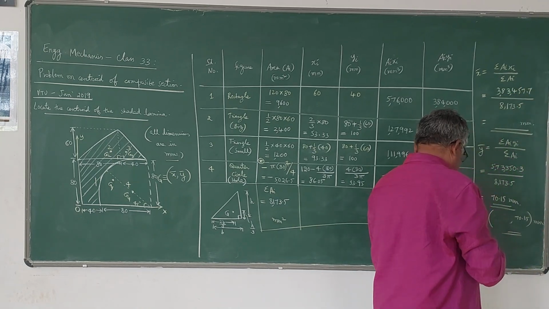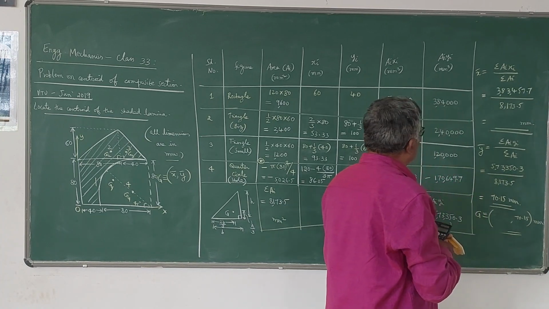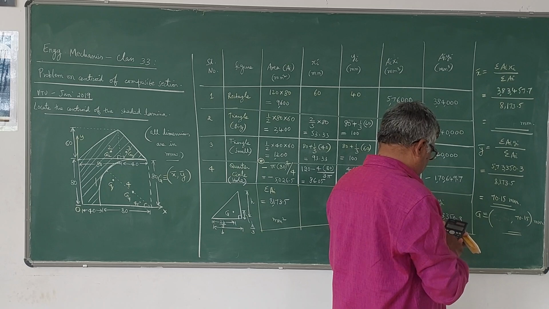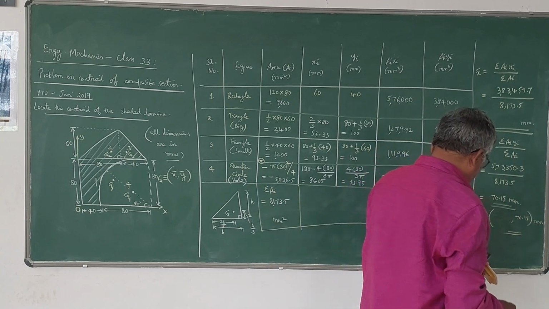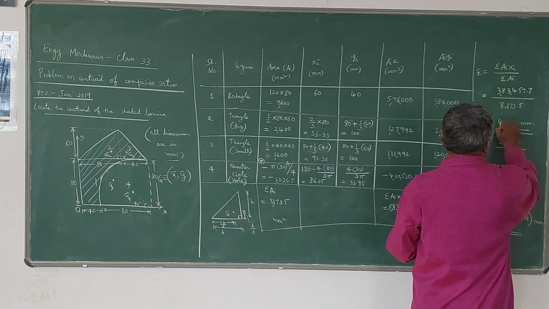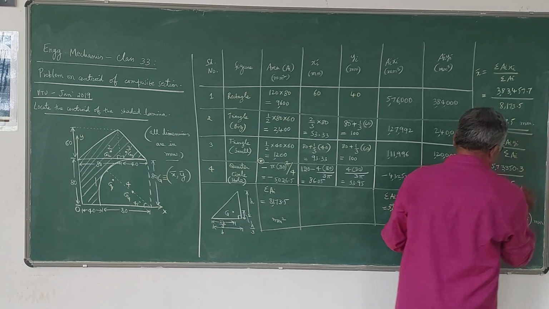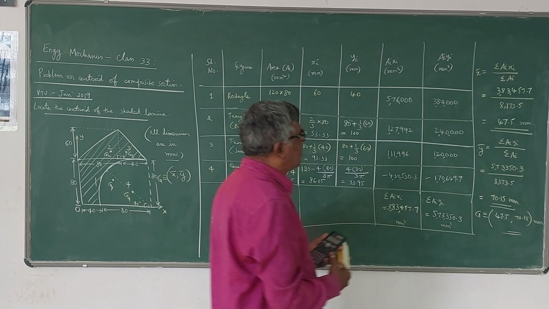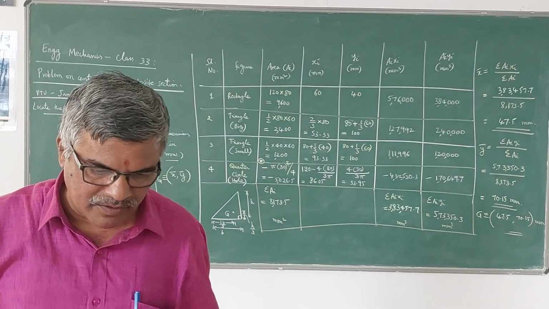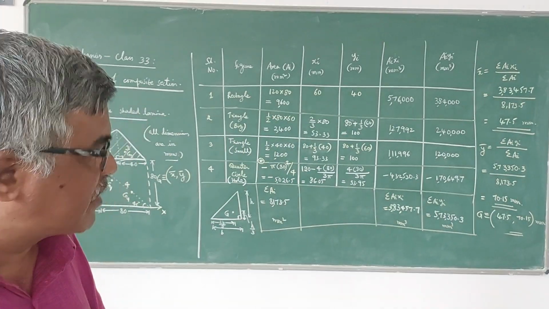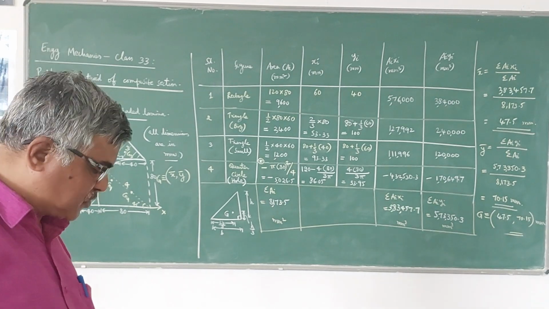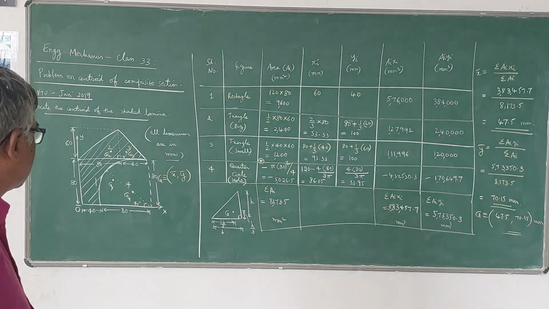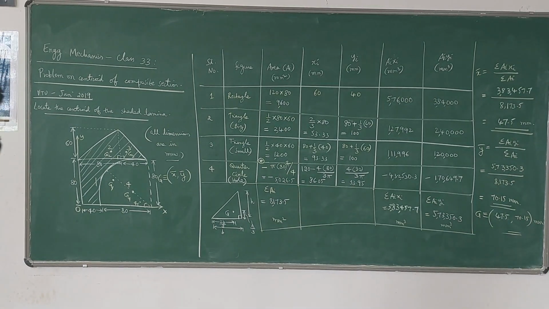If you divide that by 8170.5, you get 47.5. Yes, so 47.5 mm is the value of x bar, 70.15 is the value of y bar. So once you get those two, now you can locate the centroid of the composite section.